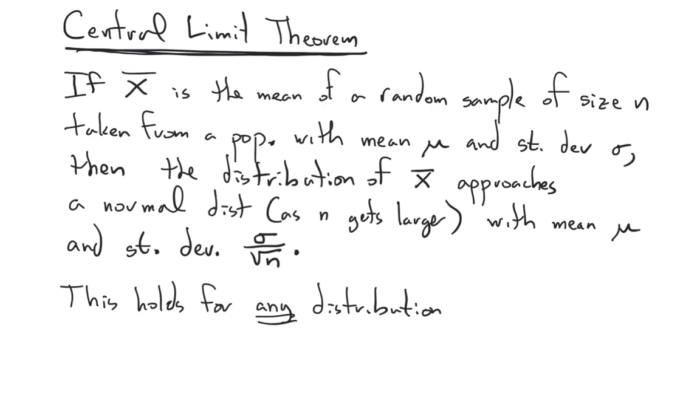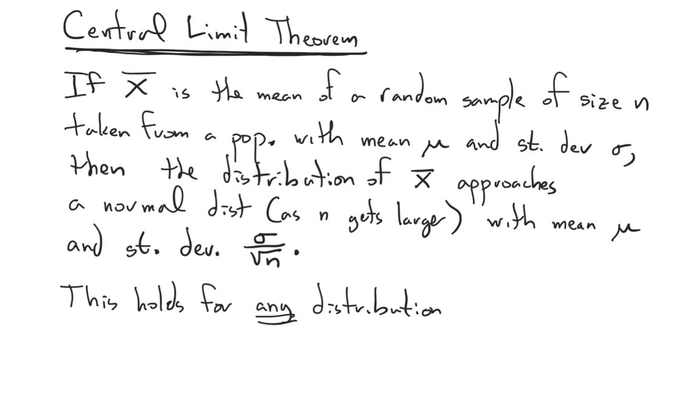Moreover, the mean of that distribution is the same as the original population, and that's key. And the standard deviation isn't the same, but it changes in a predictable way. It's going to be the standard deviation of the population divided by square root n.